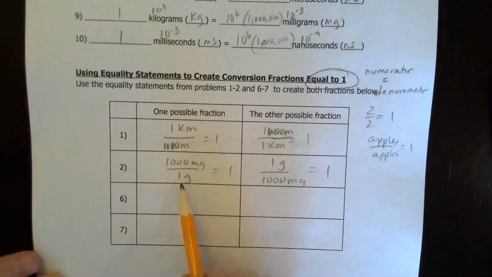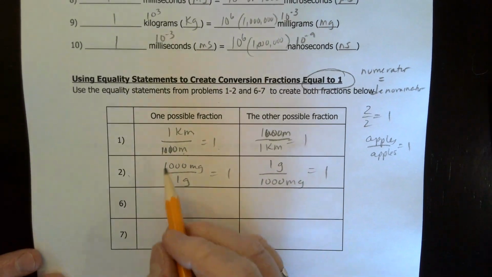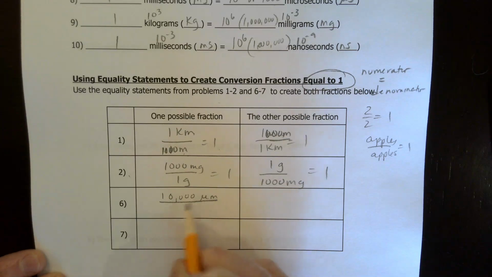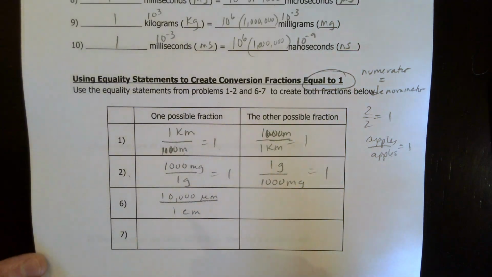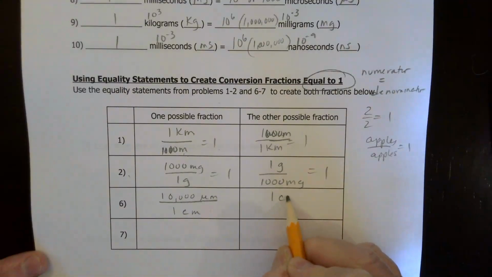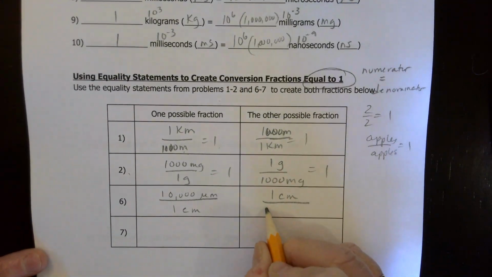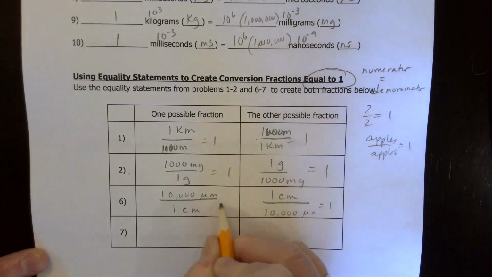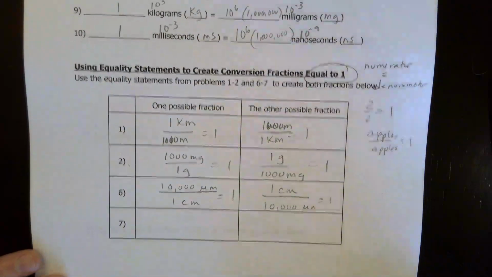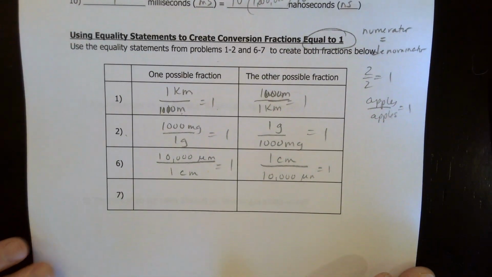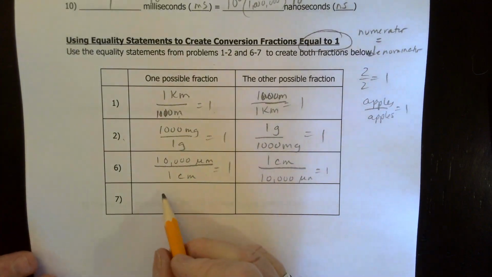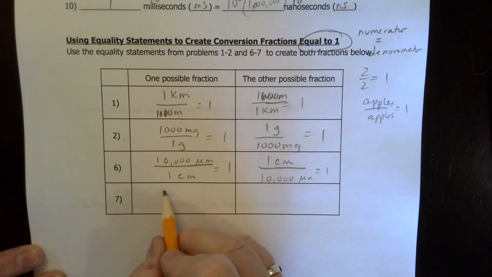If we look at number 6, we could say that 10,000 micrometers is equal to 1 centimeter. We could say that 1 centimeter is equal to 10,000 micrometers. Either way we write this, the fraction is equivalent to the value of 1, because anything over itself is equal to 1. And of course, we could do one more example here, but I think you're getting the point.